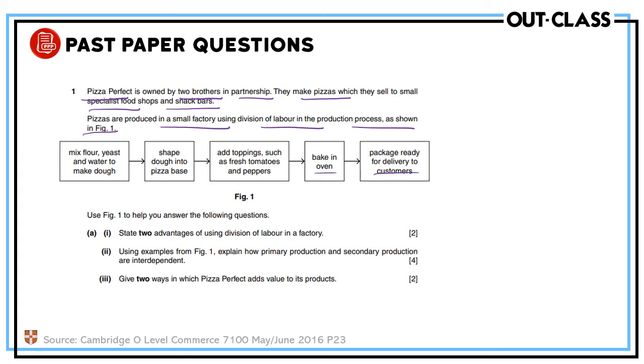Let's see the question. Using figure 1, help you to answer the following questions. A, state 2 advantages of using division of labor in a factory. This is for 2 marks, so you have to write any 2.